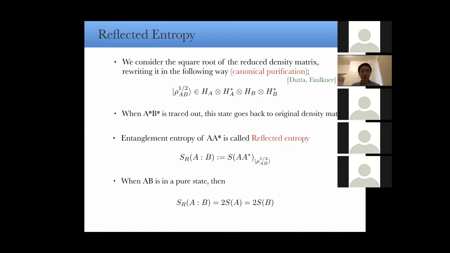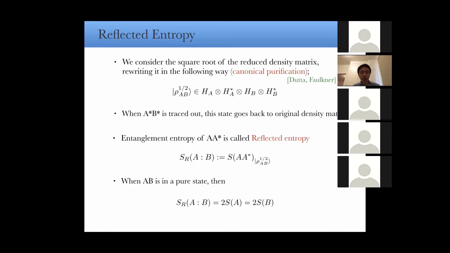So let's consider the density matrix of subsystem AB. By definition, you could think this density matrix lives in the tensor product of the original Hilbert space and its dual Hilbert space. In particular, we consider rho AB to the half, which is called the canonical purification.